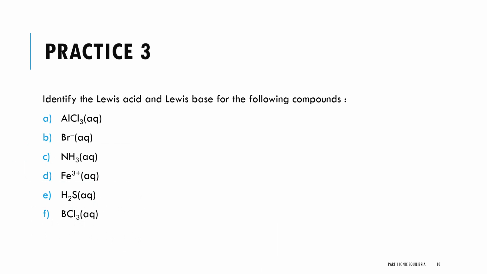Right, so now we are going to identify the Lewis acid and Lewis base for the following compounds. To know which is the Lewis acid and which is the Lewis base, you have to refer to the criteria just now. So AlCl3. If you draw the Lewis structure, you will see it has an incomplete octet, so it is a Lewis acid. Br minus.